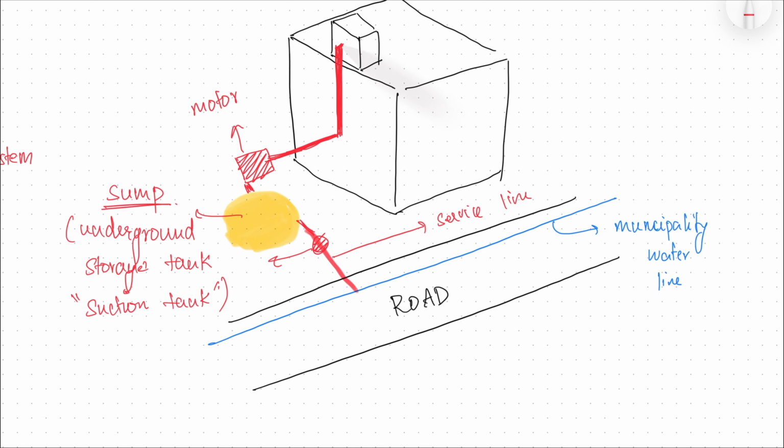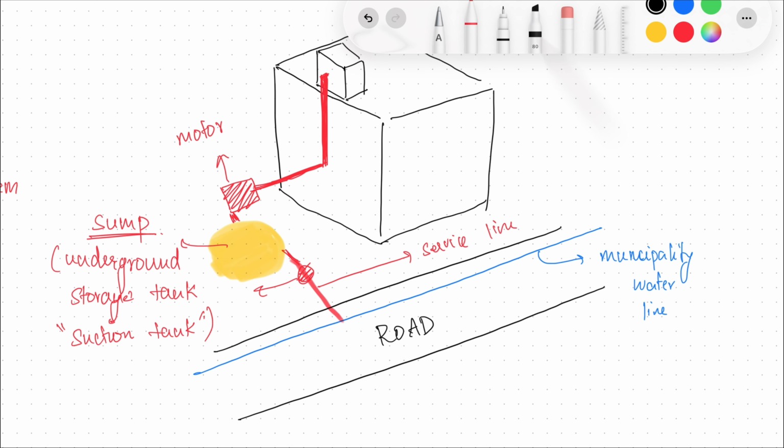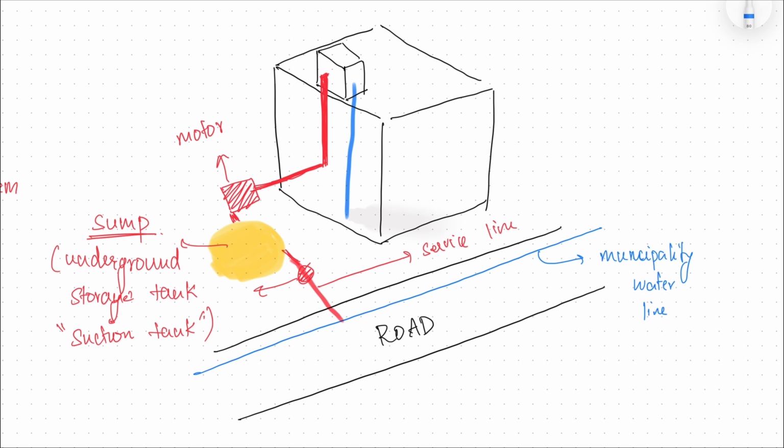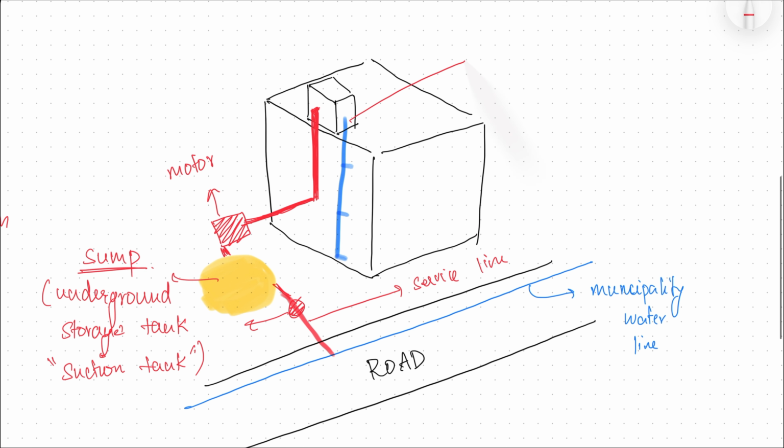Then from the overhead tank, the water is supplied to all other parts of the building using gravity pressure. Okay, so it's applied everywhere else, and this uses gravity.